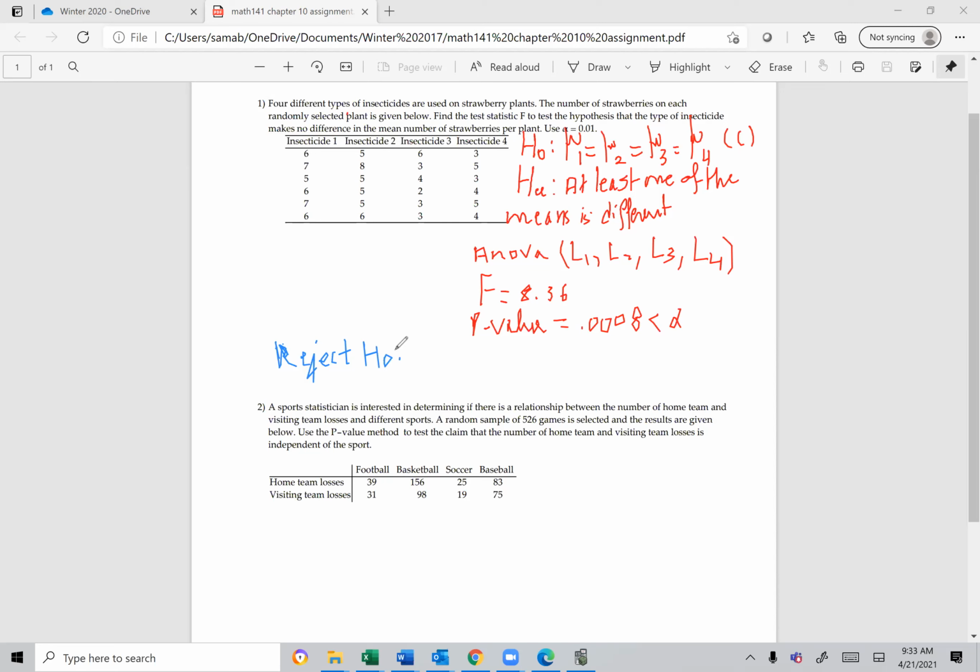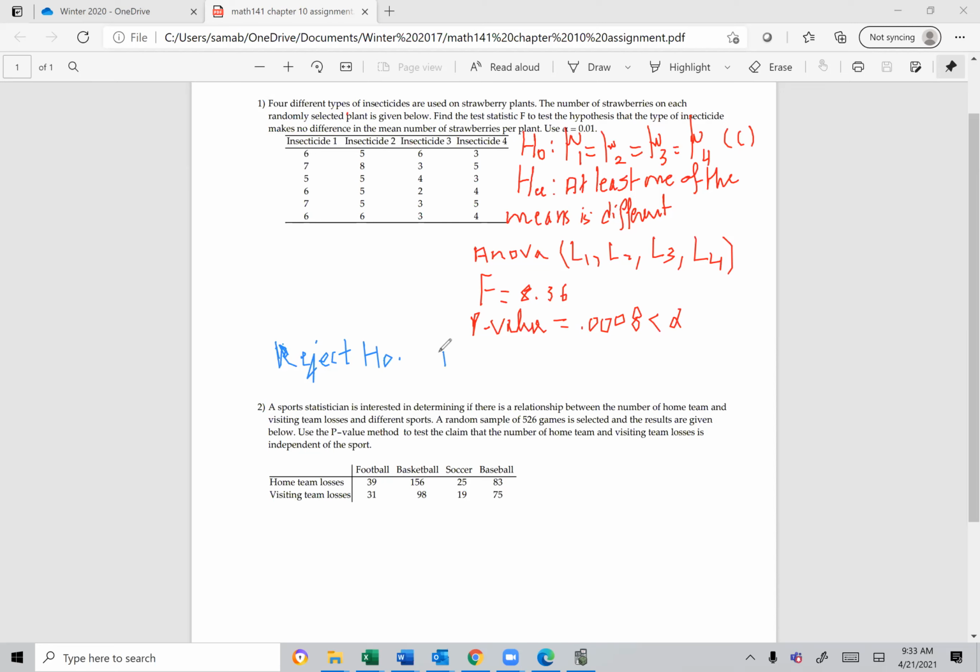And what is the conclusion? There is enough evidence at the 1% level of significance to reject the claim that the means are equal, or to reject the claim that the type of insecticides makes no difference in the mean number of strawberries.